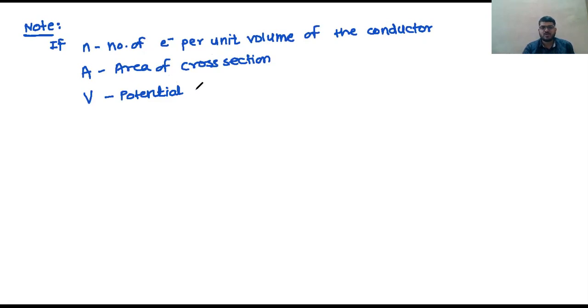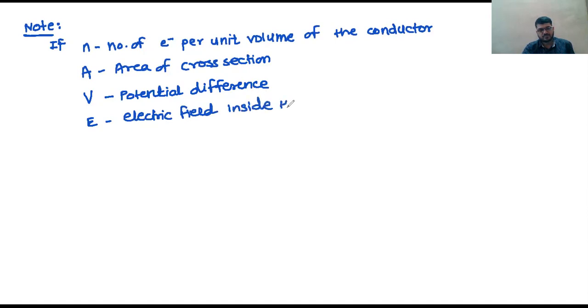This is potential difference, not velocity, remember. E is the electric field inside the conductor. And I is the current, suppose.